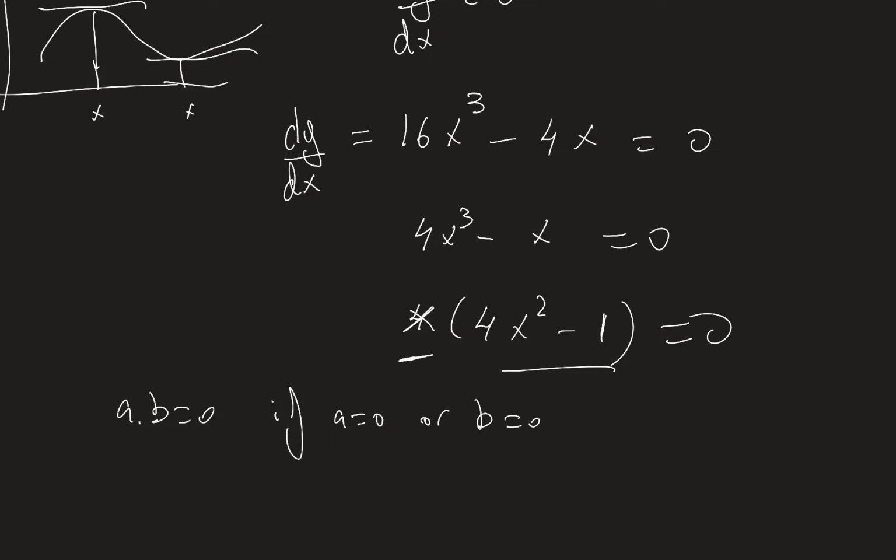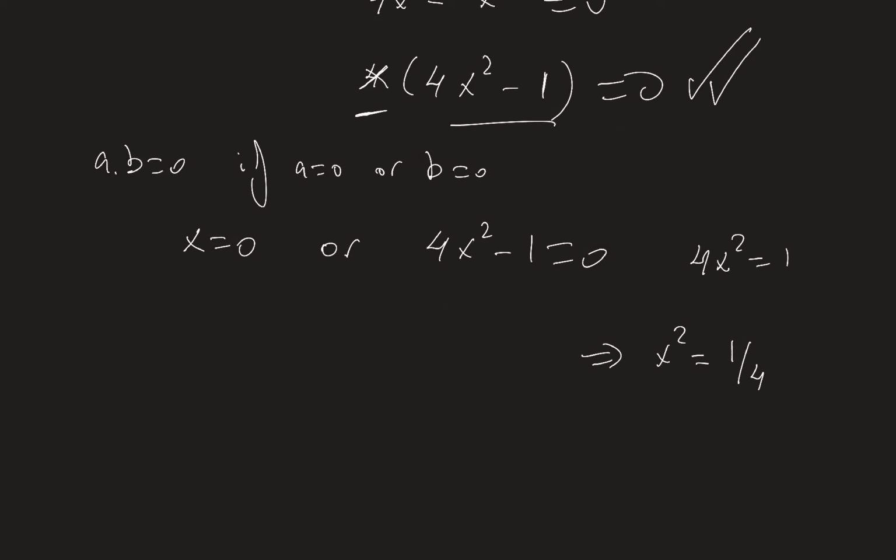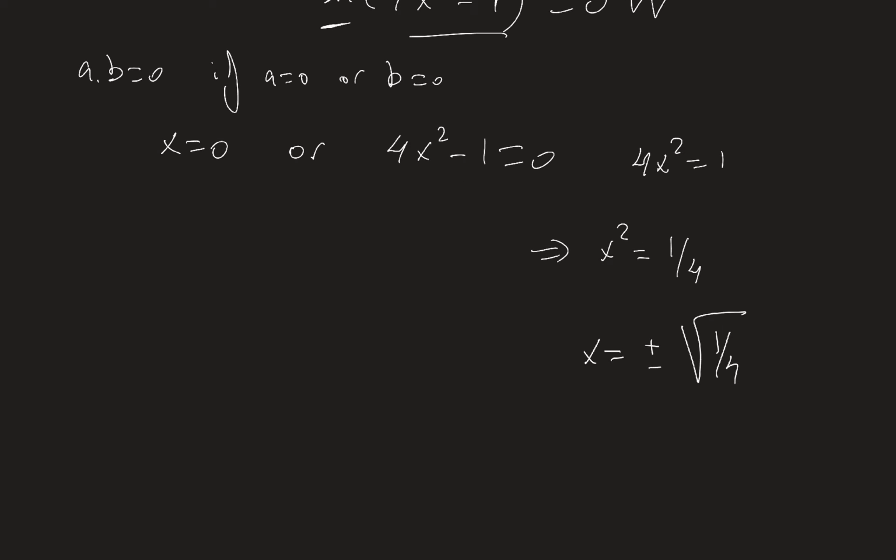So the solution is x equals 0 or 4x squared minus 1 equals 0. And 4x squared minus 1 is 0 when 4x squared equals 1, when x squared equals 1/4, when x equals plus or minus the square root of 1/4. The square root of 1 is 1 and the square root of 4 is 2. So it's when x equals plus or minus 1/2.